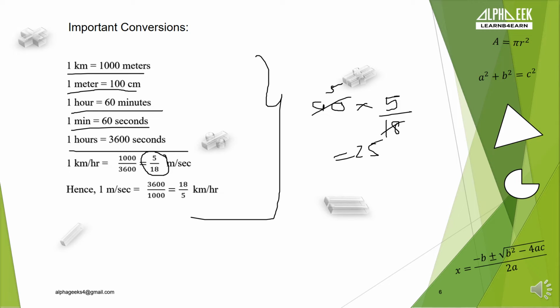So that is 25 meters per second. And if you have to reverse it, if you have to convert meters per second into kilometers per hour, you just have to multiply that term by 18 by 5. Getting it? Okay. Now let's move to our second example.